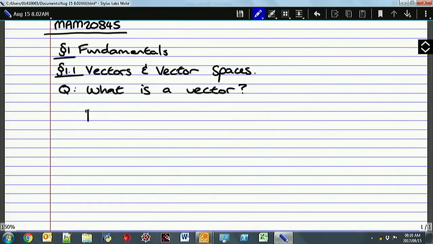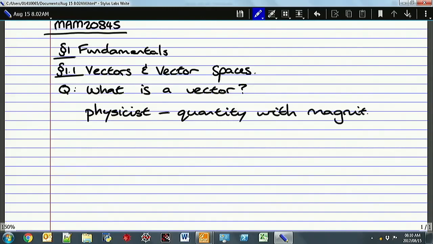If you're a physicist, a vector is a quantity with magnitude and direction.